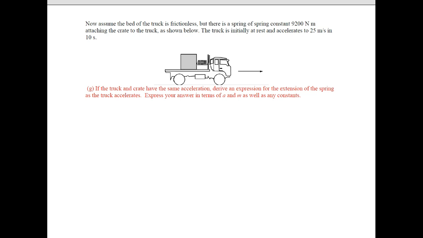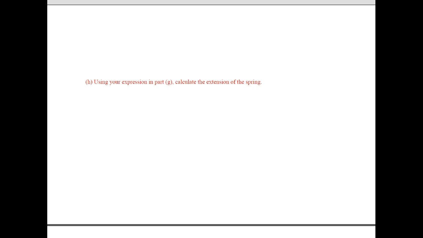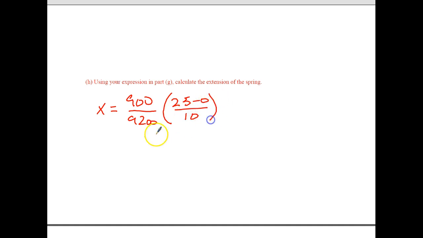Is there more to the problem? Let's take a look. It says using the expression from part G. For part H, it wants you to find the extension of the spring. So here x is equal to 900, which was the mass, divided by our k value, 9,200, times our final minus our original velocity, all divided by the time, which was 10 seconds.